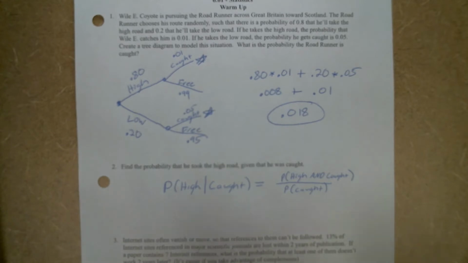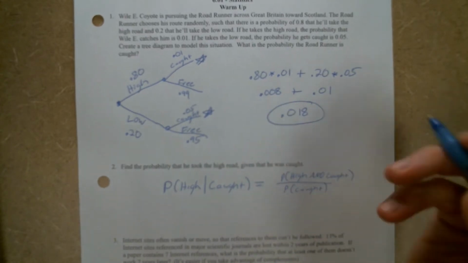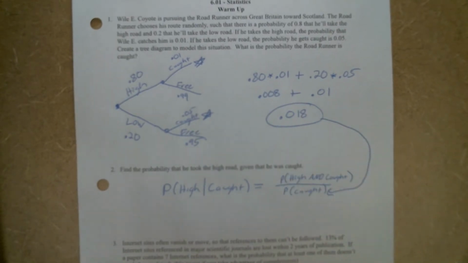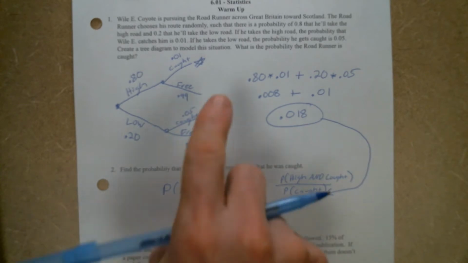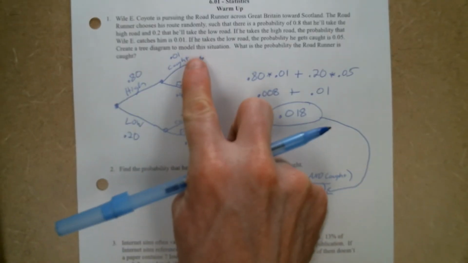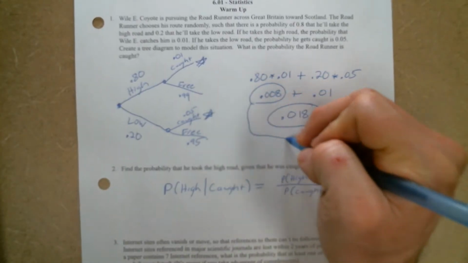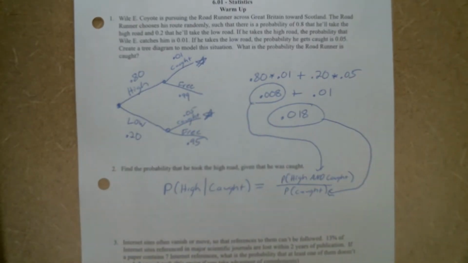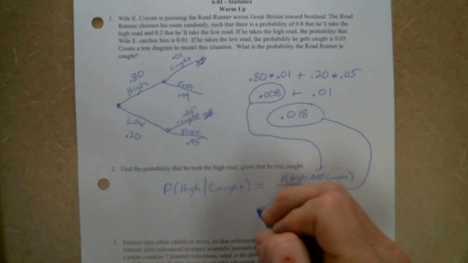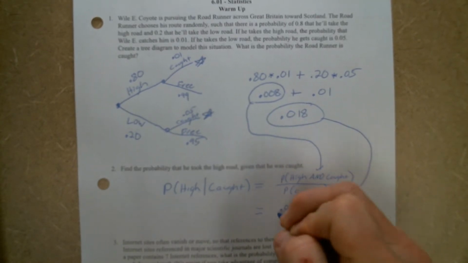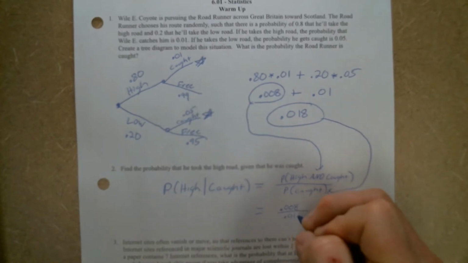We just found the probability of being caught, so that's going to go down right here. And we also found the probability of taking the high road and being caught. That's this branch, which means it's this value, and that's going to go into the top of our fraction. So we're really looking at 0.008 over 0.018.